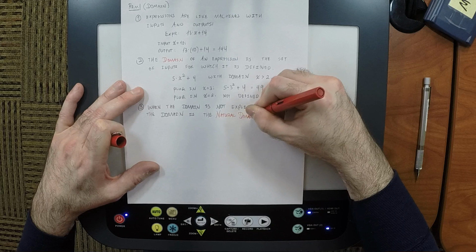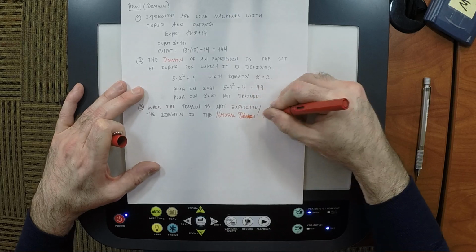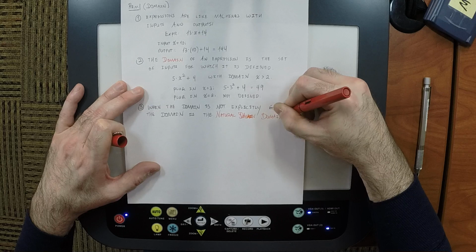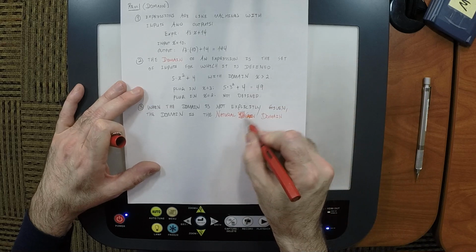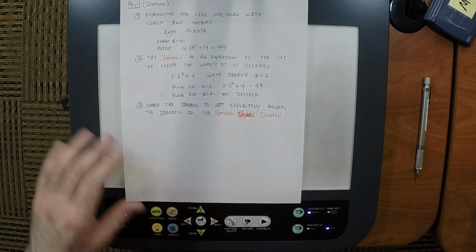Domain has an A in it. Natural domain of the expression.